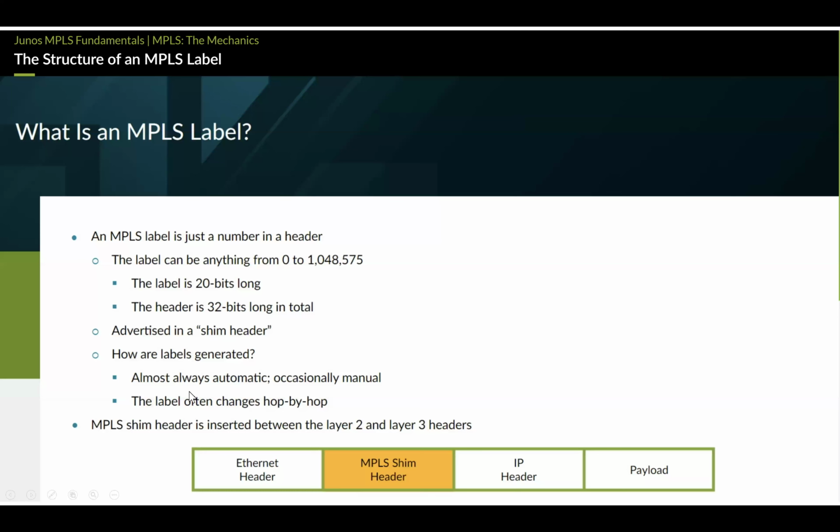It depends on the router role. Later we discuss the router role details. The MPLS shim header is inserted between the layer 2 and layer 3 header.